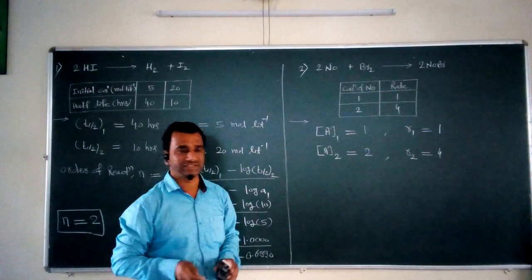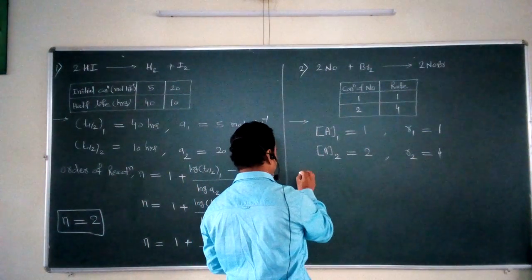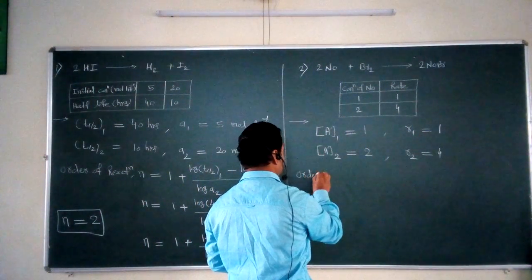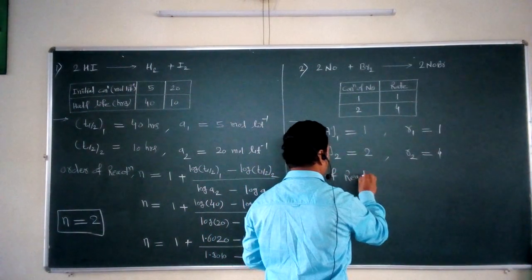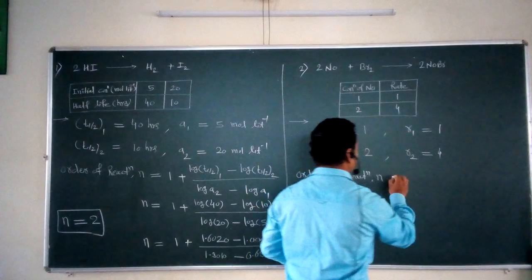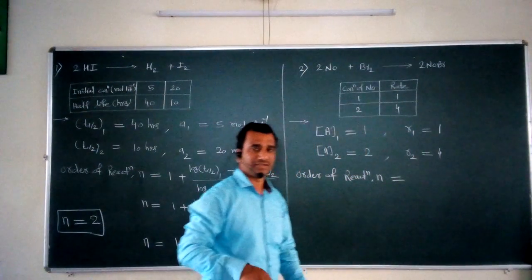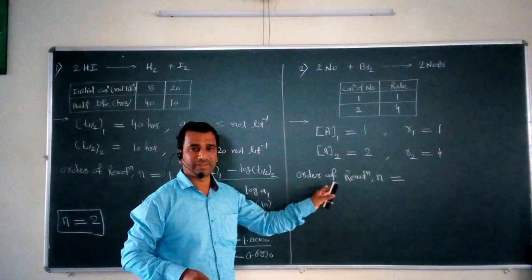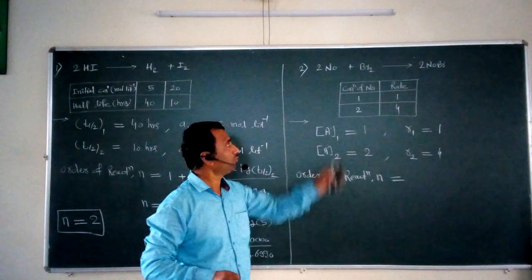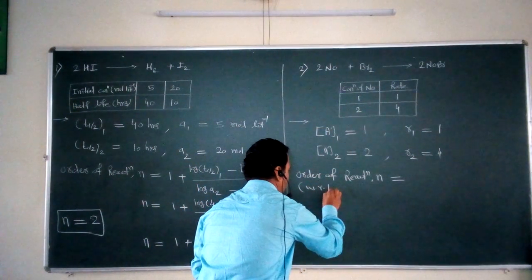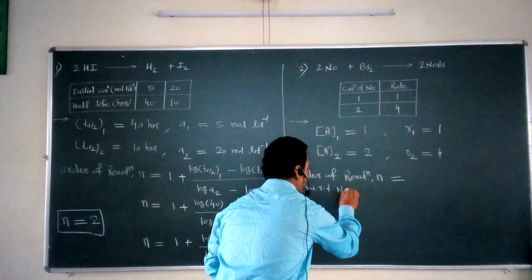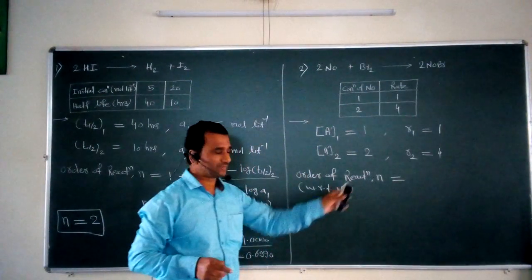According to the differential method, the order of reaction, N, with respect to NO, is equal to.